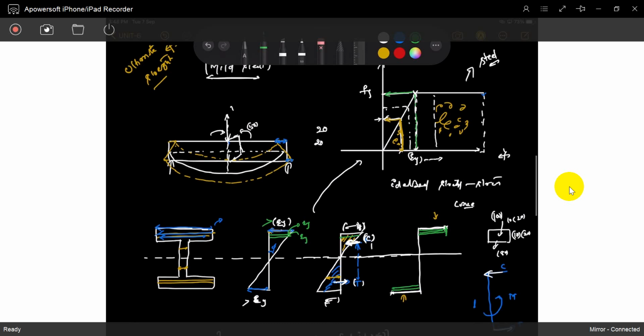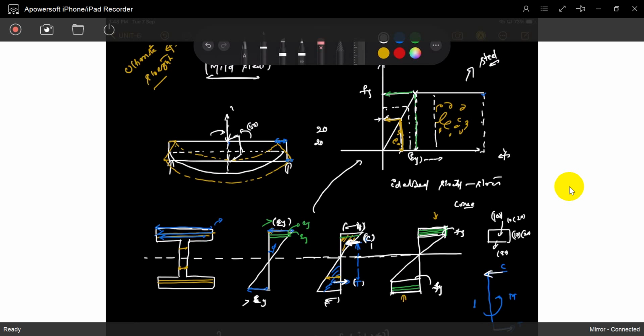That's why that increases. If you apply 80, the outermost edges reach the elastic strain. See, this is elastic stress, this is elastic stress.